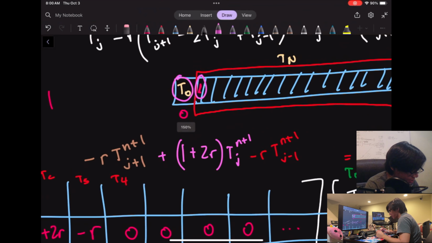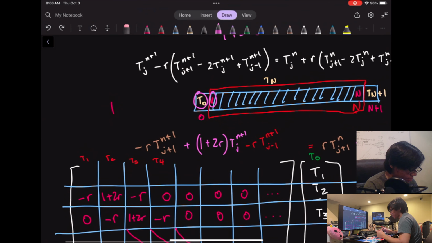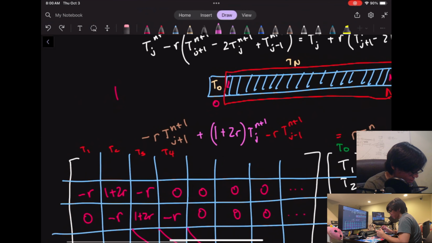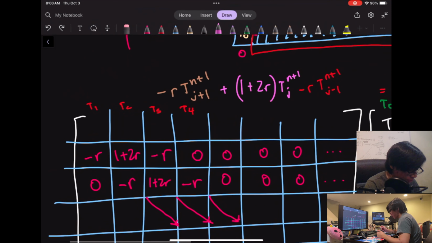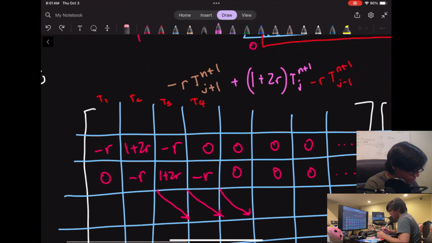We can't put that as an unknown since it's technically not in our matrix here. So what we end up doing is something like this. So let's just do it how we have been doing it. At T1, J equals 1. Our current term is T1.